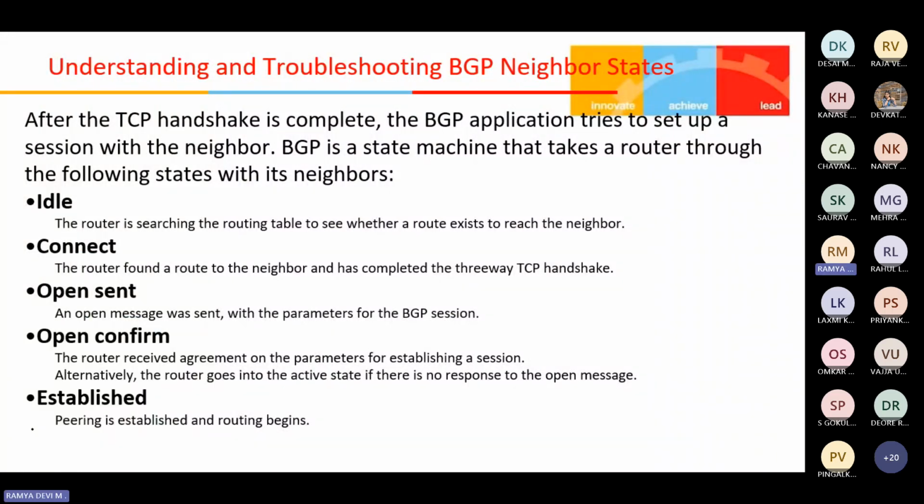In today's class, we'll be seeing the BGP state machine, that is how to establish the session. After the TCP three-way handshake is completed, BGP will move on to its own state machine process, in order to establish and maintain a session between the two routers.